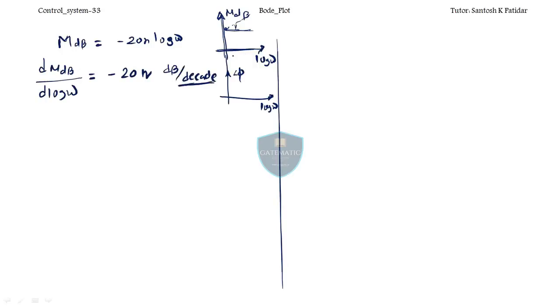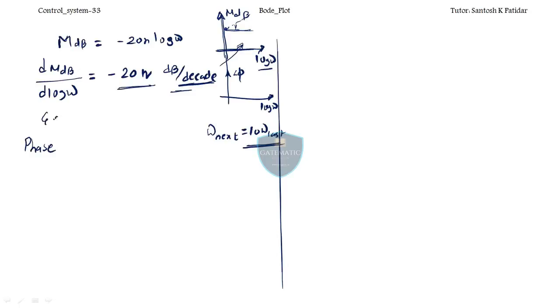Because we have chosen the log scale over here, that is 10 log. It means the next frequency will be 10 times the last frequency. This is nothing but the log scale. So minus 20n dB per decade. This is the slope.